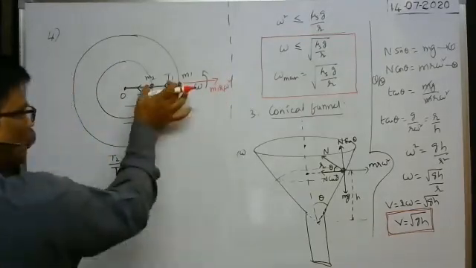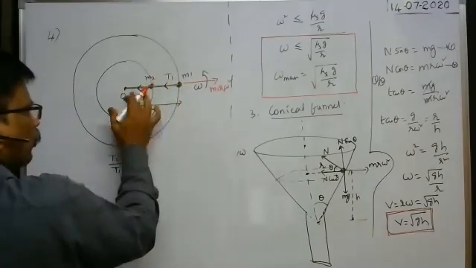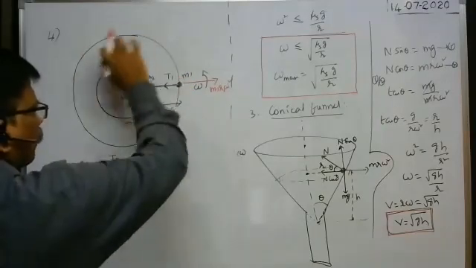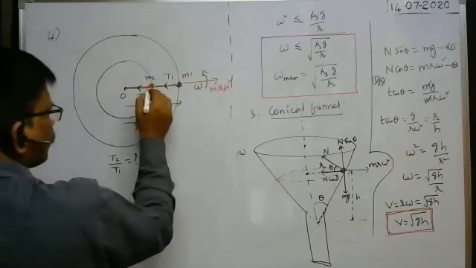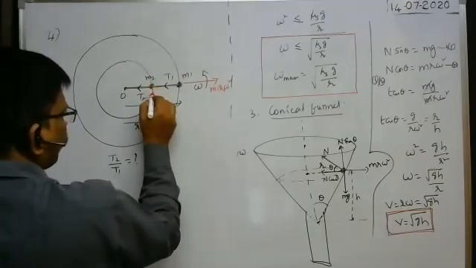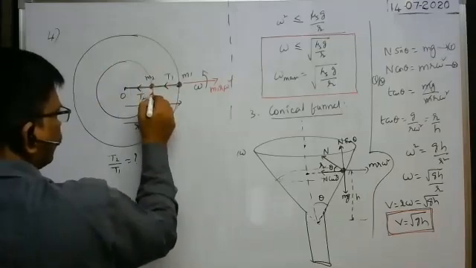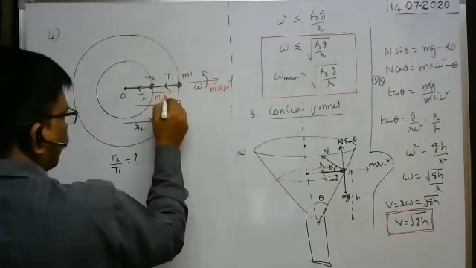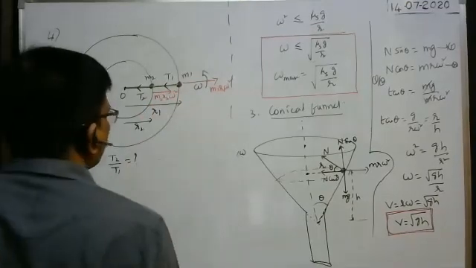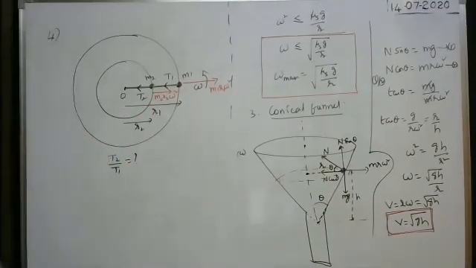As the two bodies are fixed to the same rope, the two bodies rotate with the same angular velocity. Then what is the centrifugal force acting on the second body? Whenever it is making rotations, the centrifugal force on this body is equal to M2 R2 into omega square.